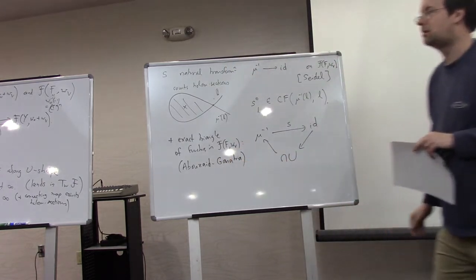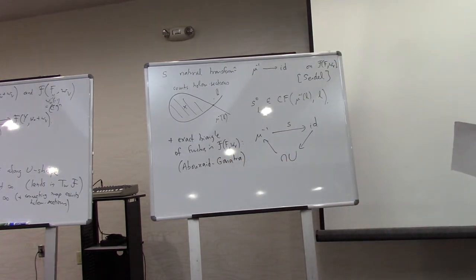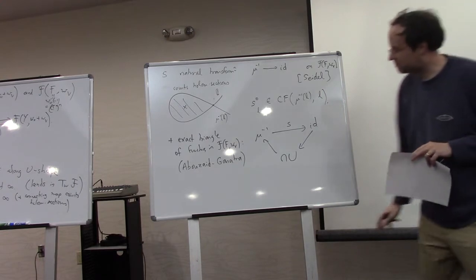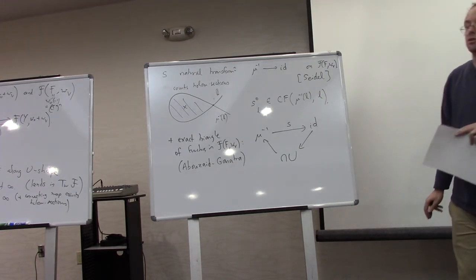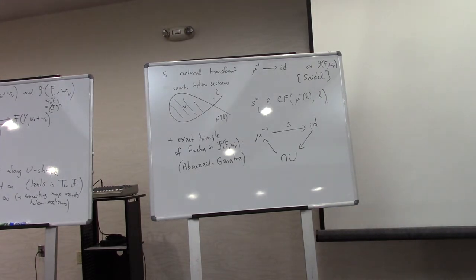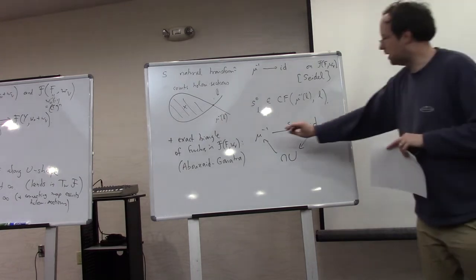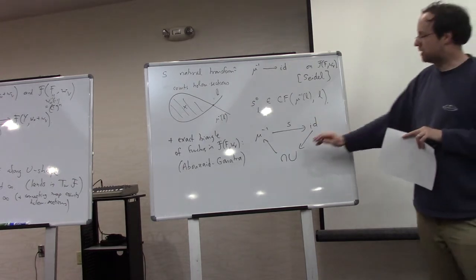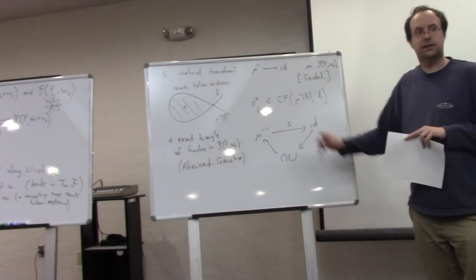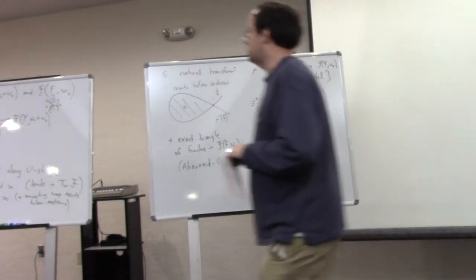So half of this story is already written in the appendix of a paper with Ivan Smith. There are various partial references to this. Anyway, we have an exact triangle here, which you can convince yourself of, at least very naively, at the level where it makes vague sense.